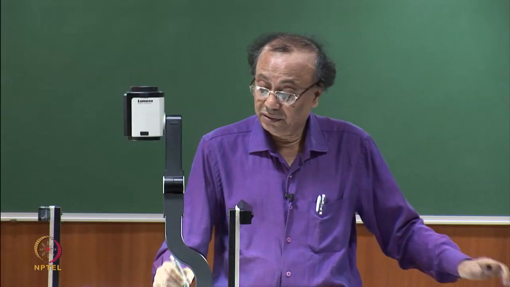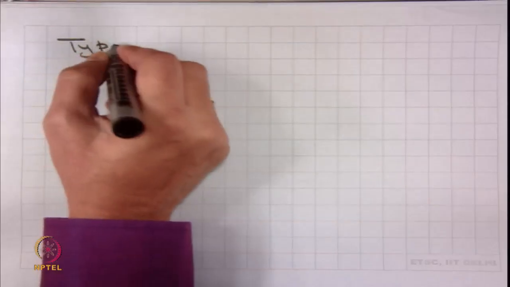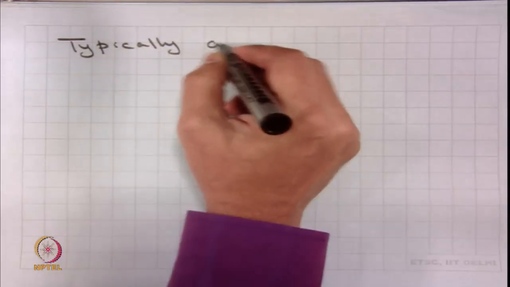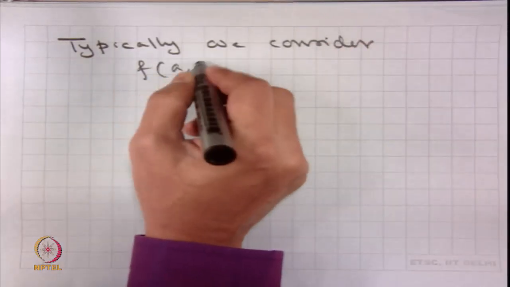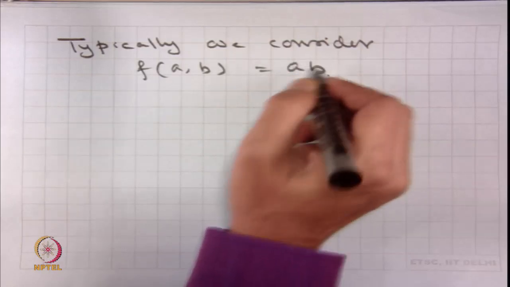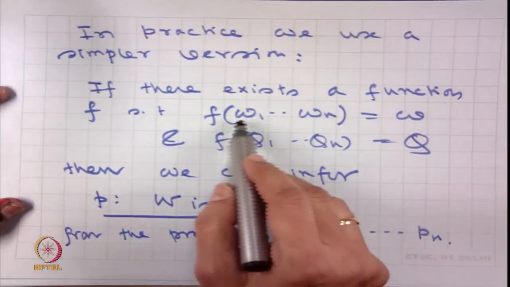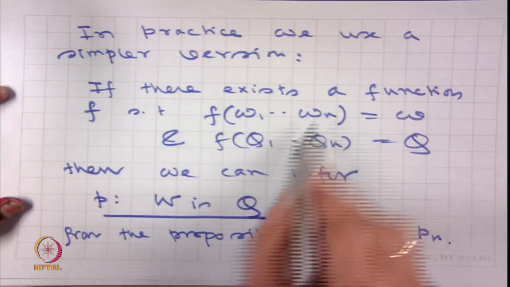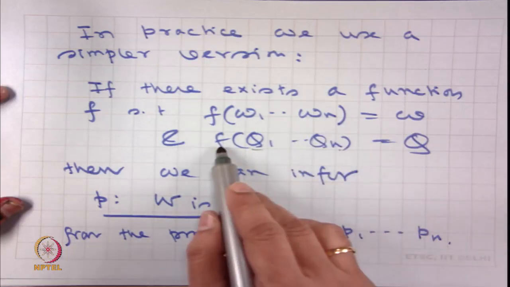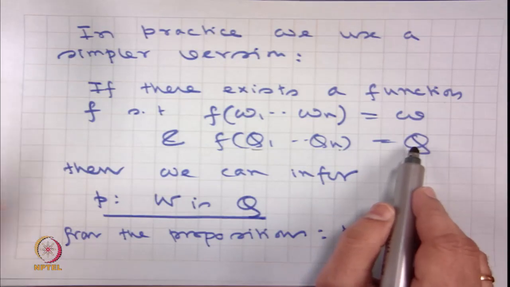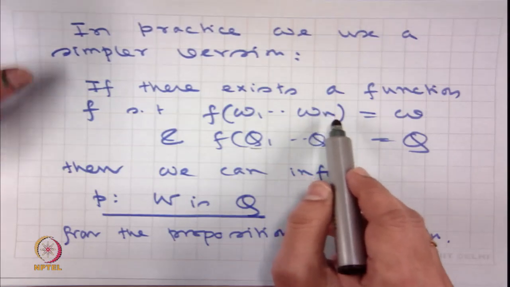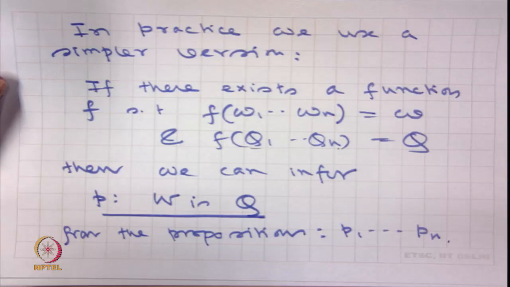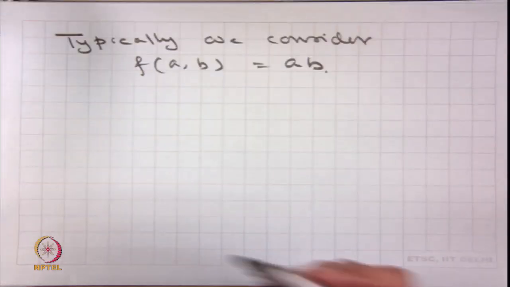Typically, we consider f of A, B is equal to A times B. If you remember, we have stated this, that from the given statements, these are the quantifiers, we are trying to get f, and W1, W2, Wn are the different fuzzy sets defined on the set of elements, in our case the set of days.